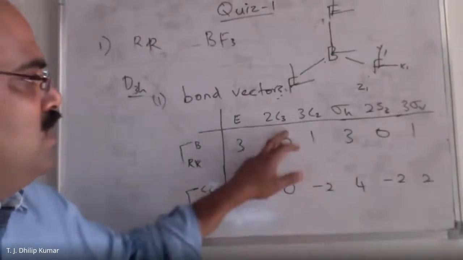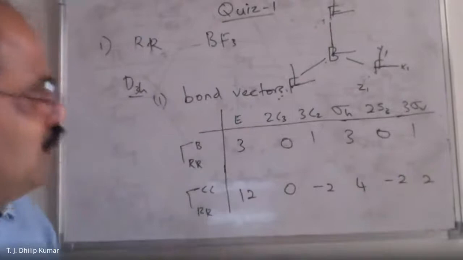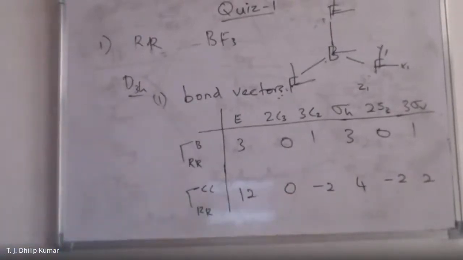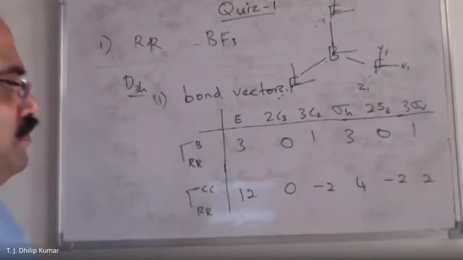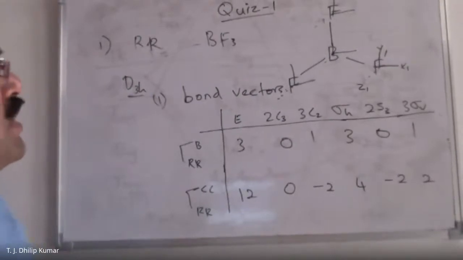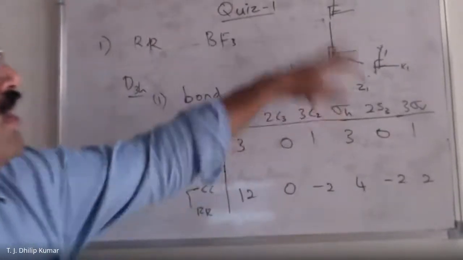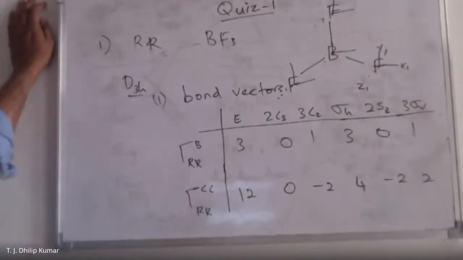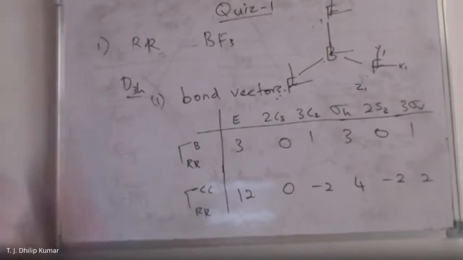Since C3 is 0, S3 also has to be 0. No, C3 is 0, but why does S3 have to be? S3 is C3 followed by sigma H, no? So C3, this one is not changing, and then S3 is sigma H, if you perform it, it remains -2. So how do we get that?